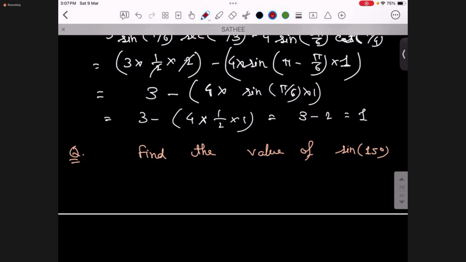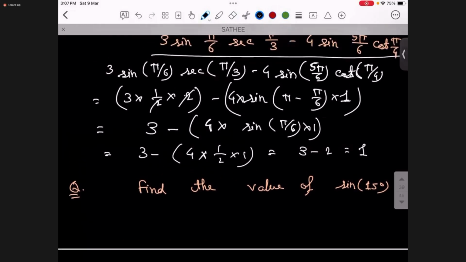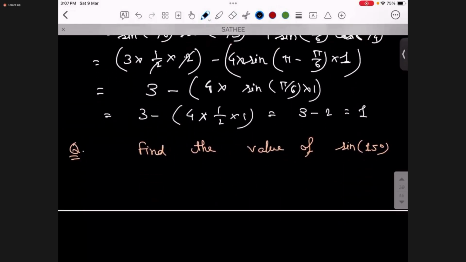So we need to express this 15 degree angle with the help of known angles. One can use 15 degrees equals 45 degrees minus 30 degrees, or it can be of the form 60 degrees minus 45 degrees.